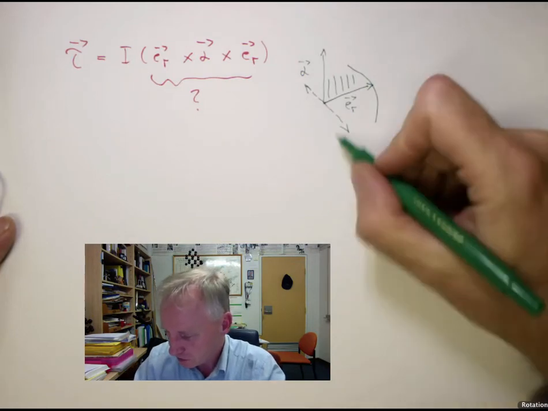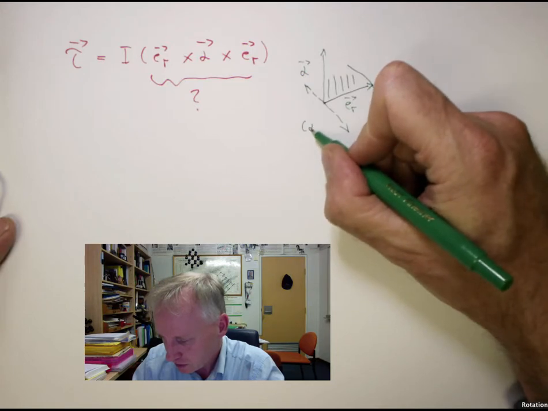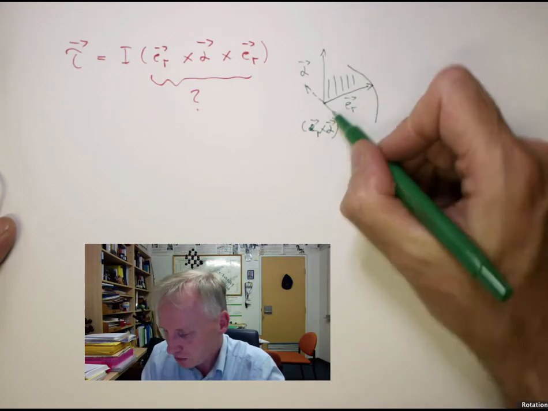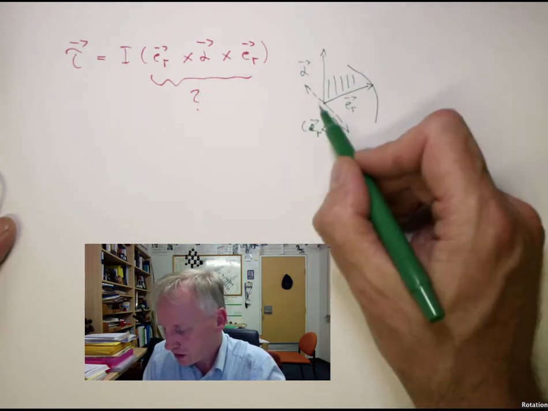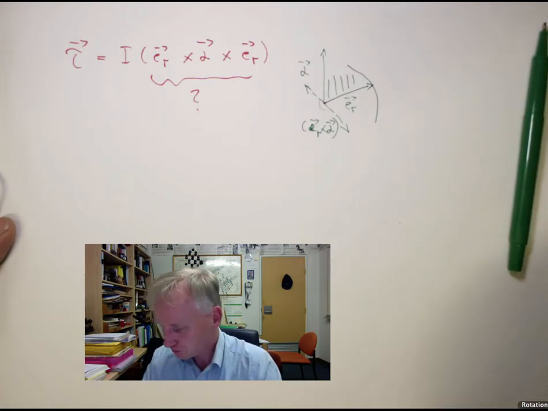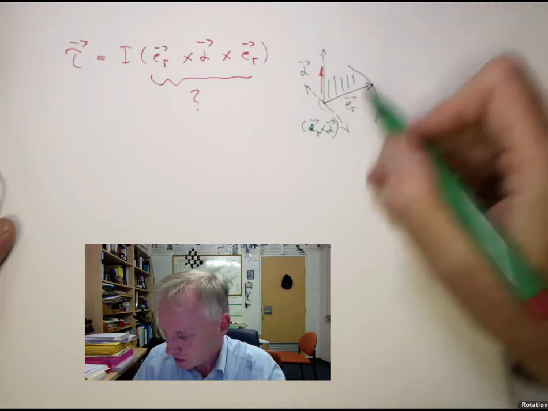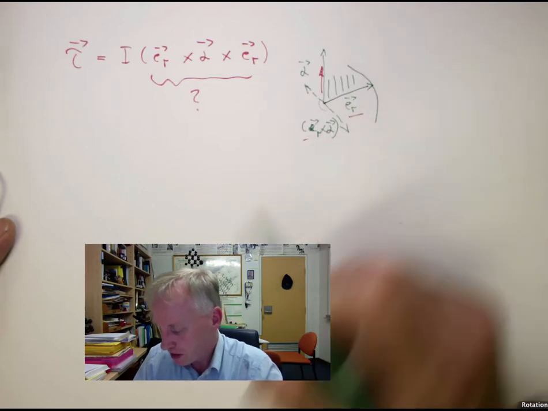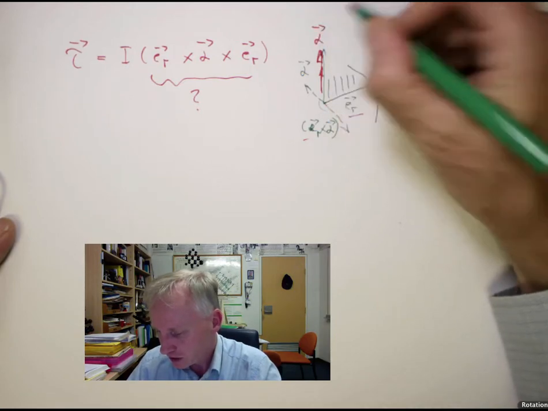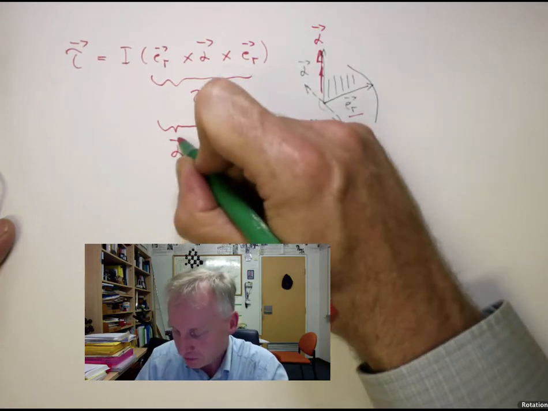ER cross alpha, right hand rule, pointing in the negative. So this vector is ER cross alpha. And now we multiply this vector again with ER in the right hand sense, and that gives us a vector pointing upward. And since ER and ER have the magnitude of unity, this vector has the magnitude of alpha. So all we're getting back out of this is alpha.